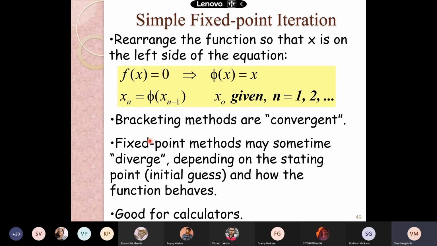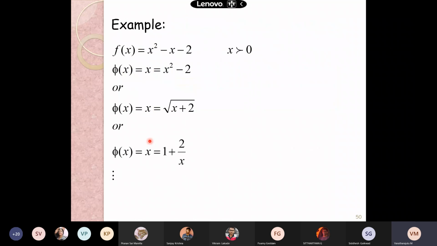When the modulus of g dash of x is greater than 1, it won't converge. So depending on the starting point, that is the initial guess, and how the function behaves, we need to use the calculator efficiently to get the results.